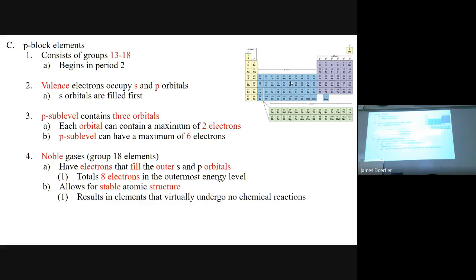We first fill the S orbitals, then continue on to the P orbitals. And the P sublevel contains 3 orbitals, again, with each orbital only having the ability to contain a maximum of 2 electrons. The P sublevel, therefore, can hold a maximum of 6 electrons.